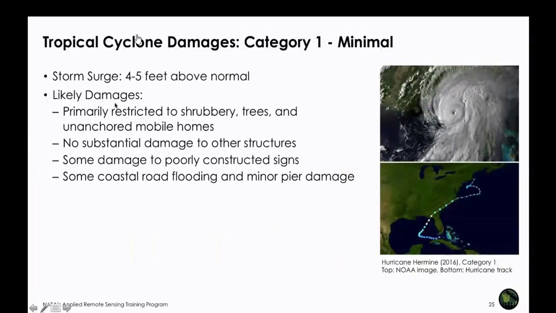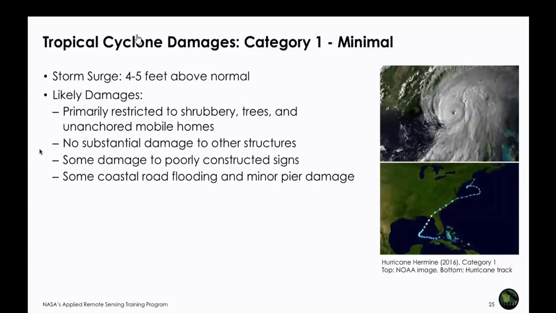And here is something else. It's like how Category 1, which is a tropical cyclone, the damages are mostly due to storm surge, like 4 to 5 feet above normal. There are likely damages, and this is for your information. This is again from past data and experience that people have formed this impact assessment: when a Category 1 storm or hurricane forms, there is storm surge, and the damages are primarily restricted to trees and shrubberies.